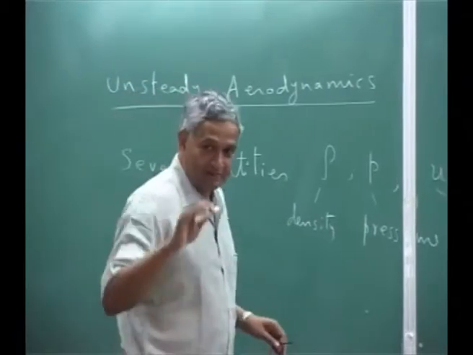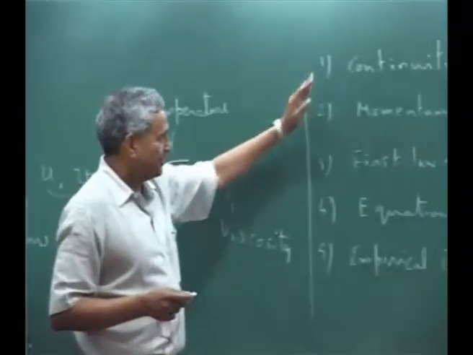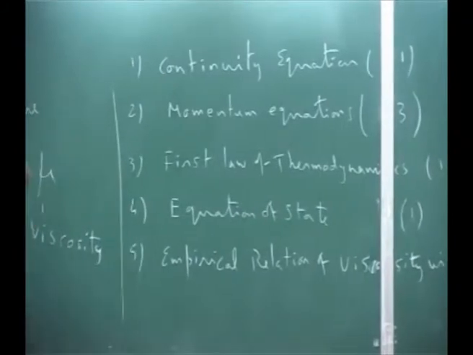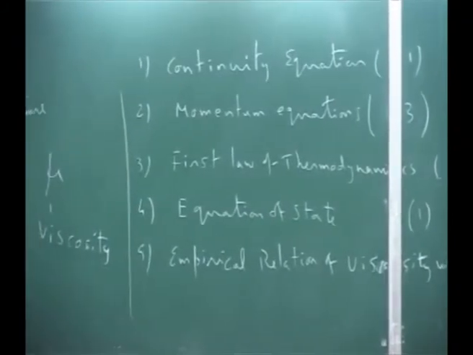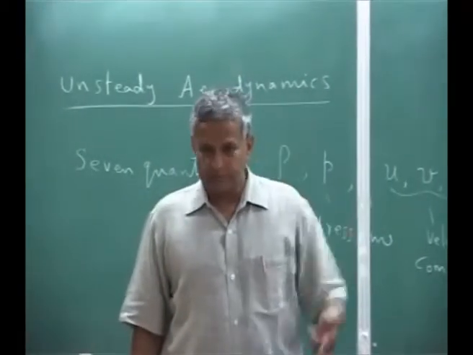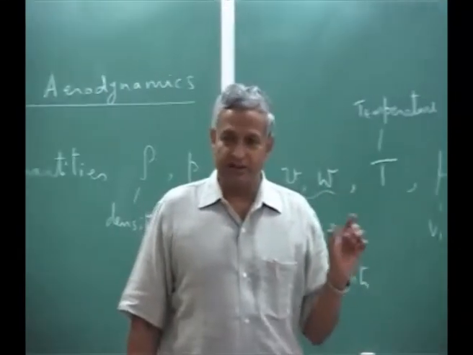So how do we start? Where do we start? We will go through one by one all these equations: continuity, momentum, first law of thermodynamics, equation of state, everything we will write. And all of them later we will reduce by using some assumption of the irrotationality condition.